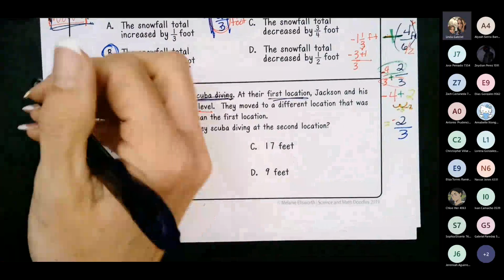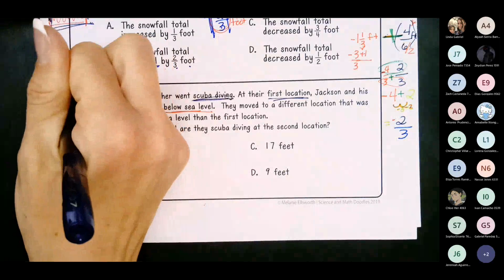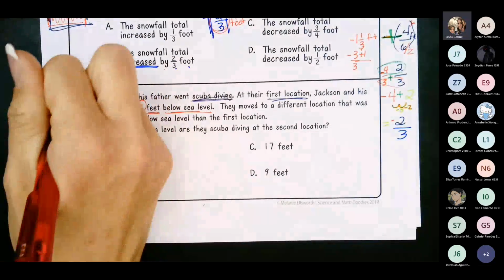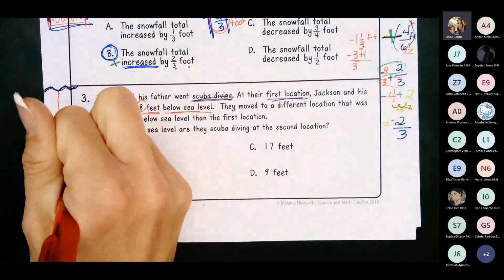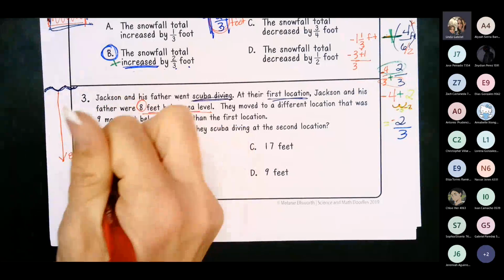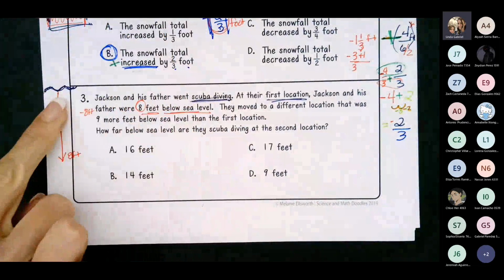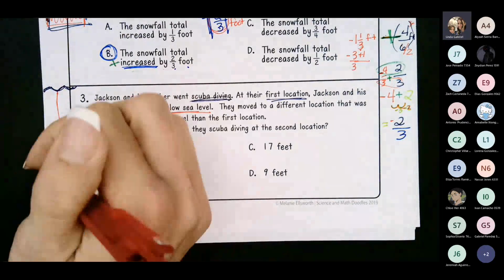Okay, here we go. So here's our ocean. Our first location, say Jackson and his dad, here we go, down. Okay. Here's location number 1, right? So we are at -8 feet from the top, right? From the top of the ocean or sea level. All right, so here's location 1.